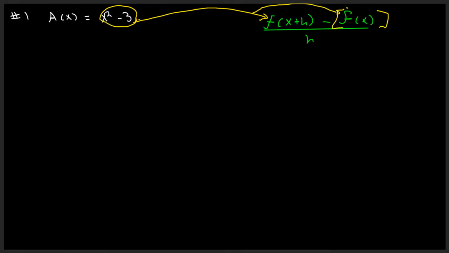So let me denote that here with these brackets. And so I'll go ahead and start setting up that. First thing we'll do is plug our original function into this difference quotient formula.